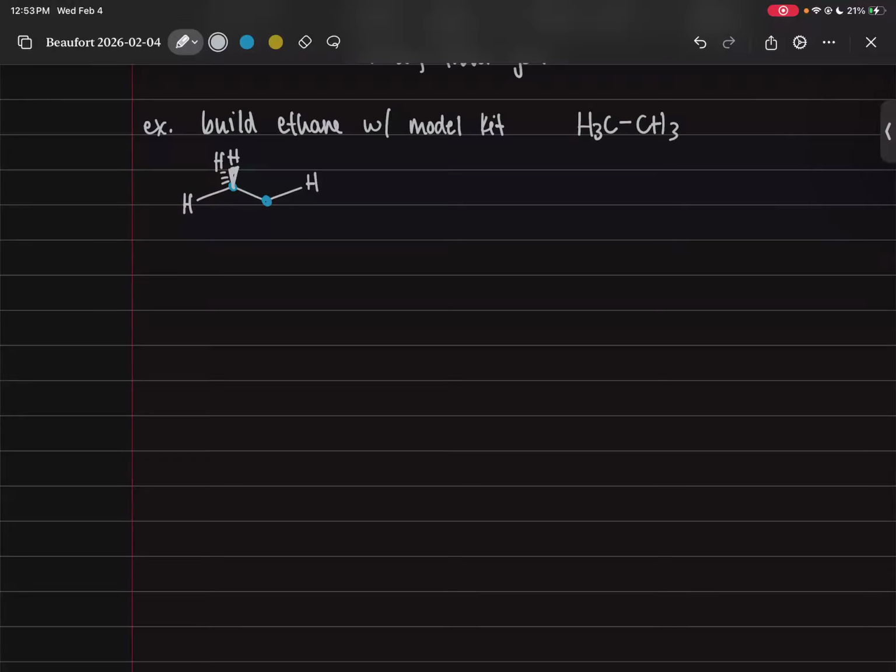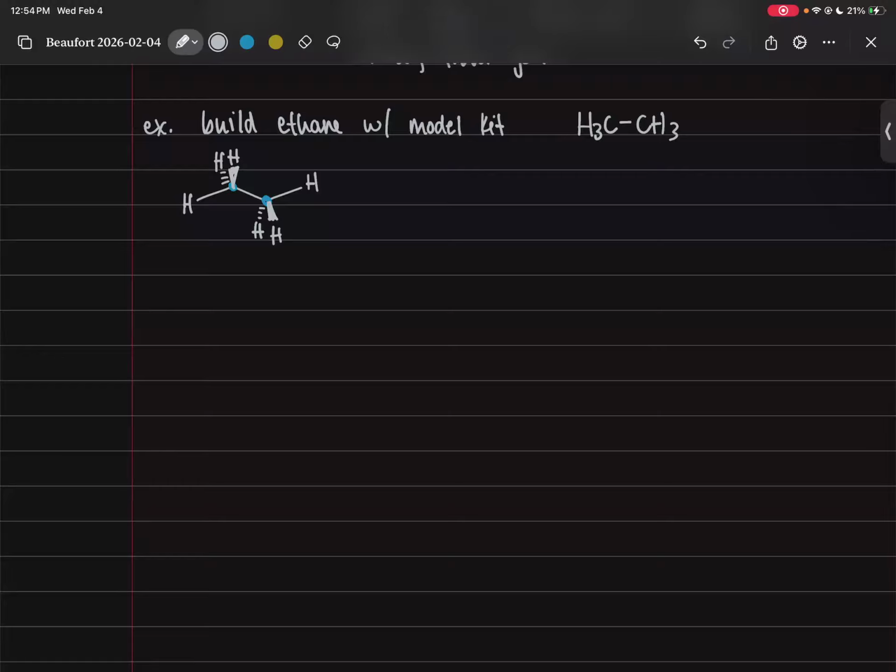Same goes for the carbon on the right. We've got the hydrogen we've already drawn in the plane of the board, that's going upward. And then we've got two hydrogens going down. One of them's coming toward us, and one of them's going away from us. So we can draw in one going down on a wedge and the other going down on a hash.